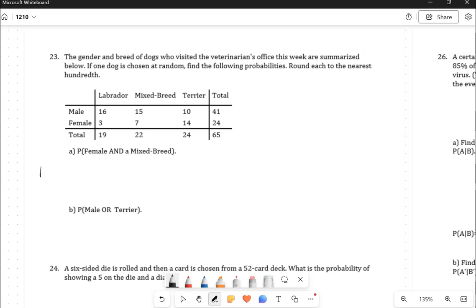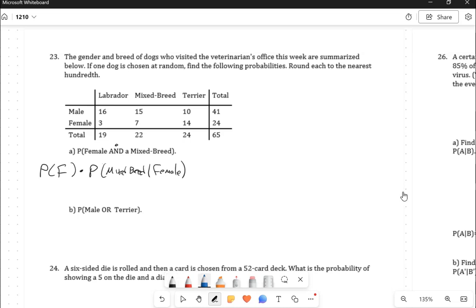For example, the rule, probability of female and mixed breed is probability of female times probability of mixed breed given female. I really don't like that one because the and probability has a conditional probability in it, so I don't usually do it that way.